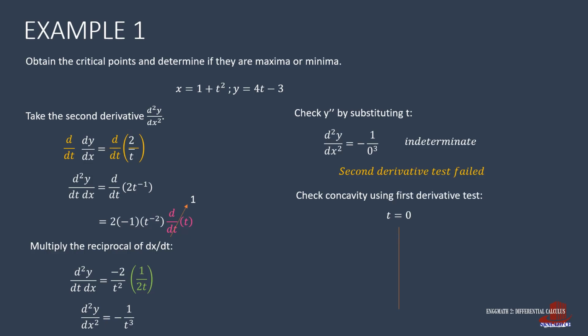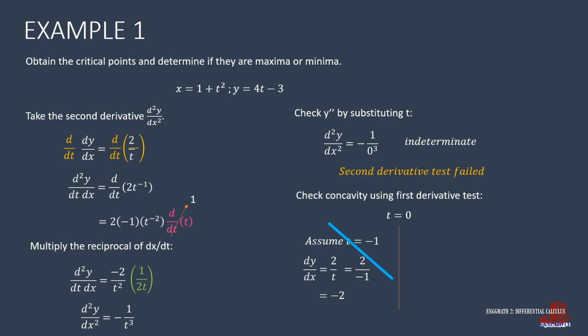This is done by drawing out a line labeled as t, which is 0. Using this table, assume values of t from both sides. Say t is equal to negative 1. Plug this value into dy over dx, which is 2 over t, making it 2 over negative 1. Thus dy over dx is negative 2.